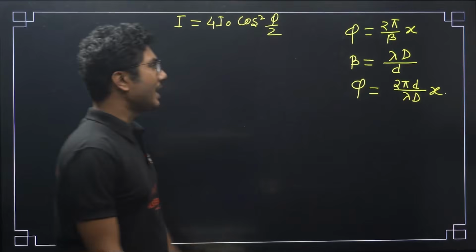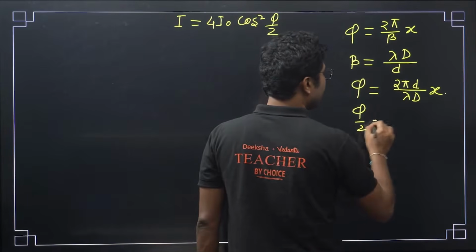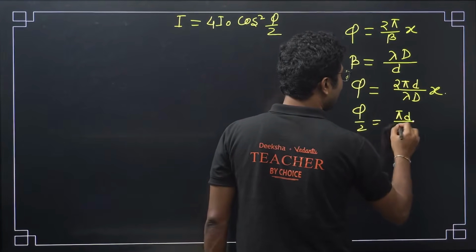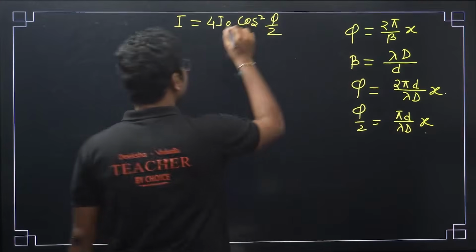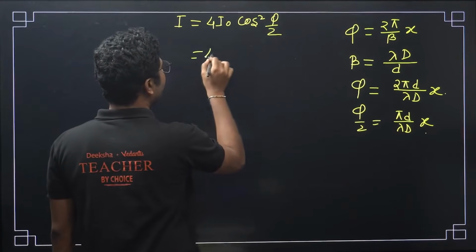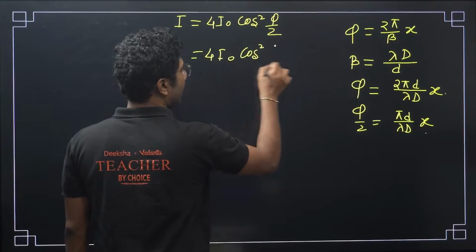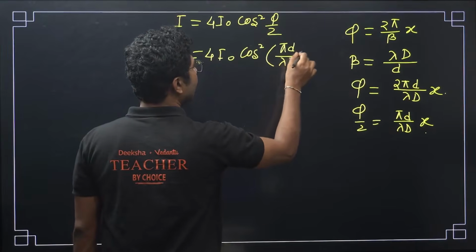So this is phi. So what is phi by 2? The 2 will be cancelled and you get pi d by lambda D into x. Just put this value, it will be 4I0 cos square pi d by lambda D into x.